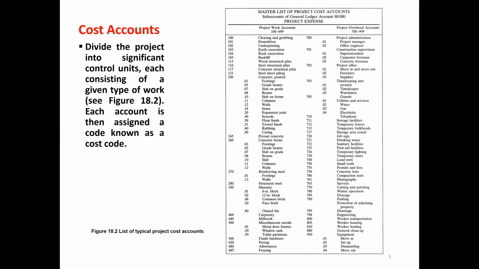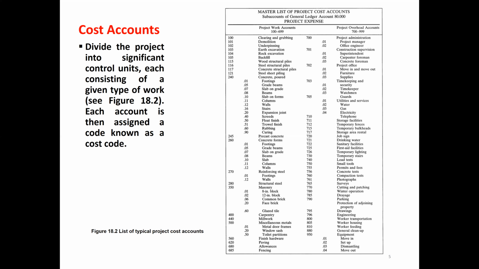So for example, in figure 18.2, clearing and grubbing cost code is 100, rock excavation 105, backfill is 105, rock excavation is 104, and steel sheet piling is 121.